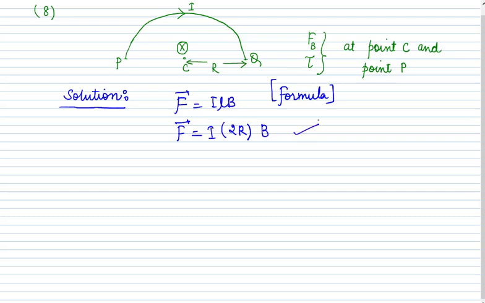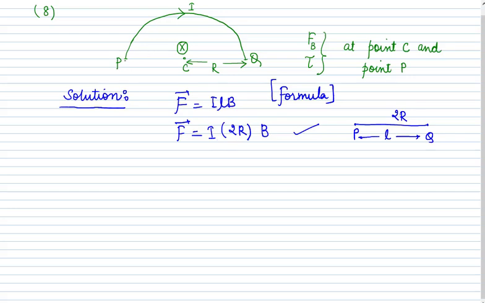This can be treated as a current carrying straight wire PQ whose length is 2R. So this is I, the length is 2R, and the magnetic field is B. So you get it as I 2R B.